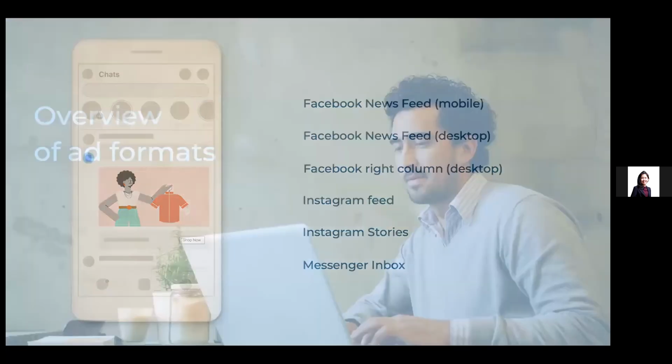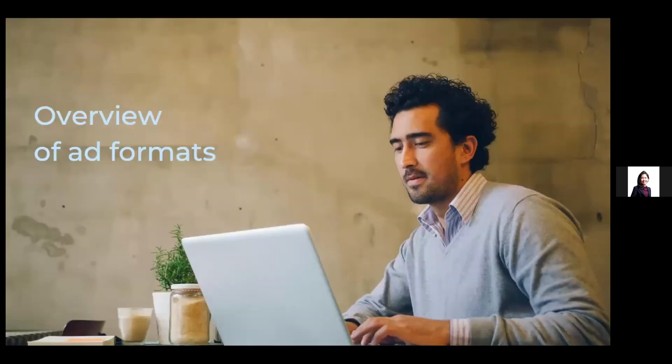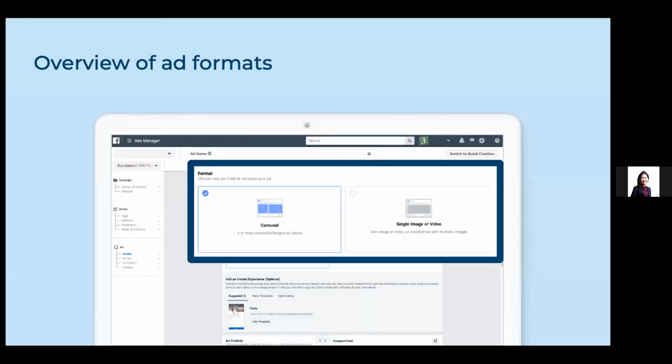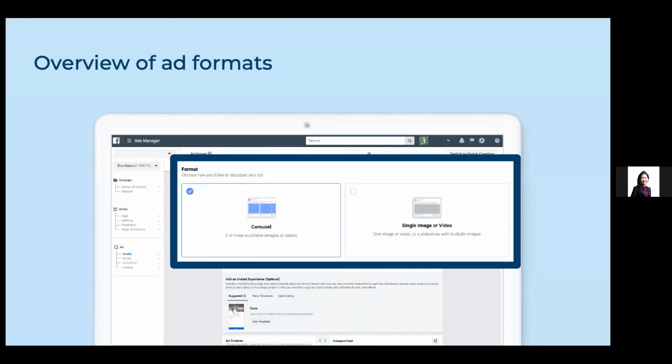Now let's look at the different ad formats for you to choose. Picking an ad format is really your creative options. There are several different formats available in Ads Manager, and you can play around with them to see which ones your audience will actually respond to.